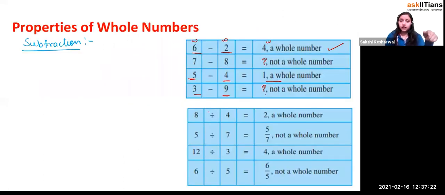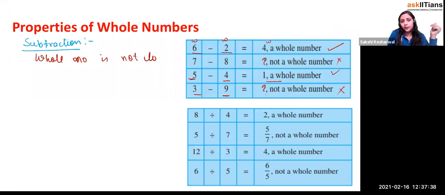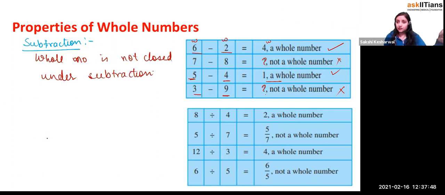Coming to this part, over here you see that this is not a whole number. So we say that it has to be always, always. So this means we say that whole numbers are not closed under subtraction, right?